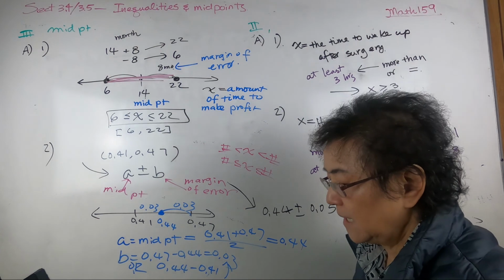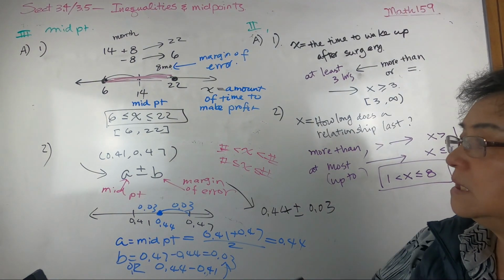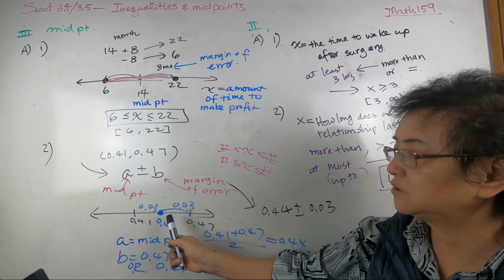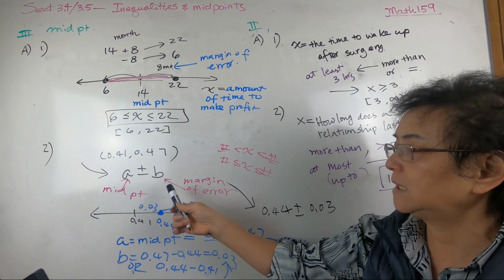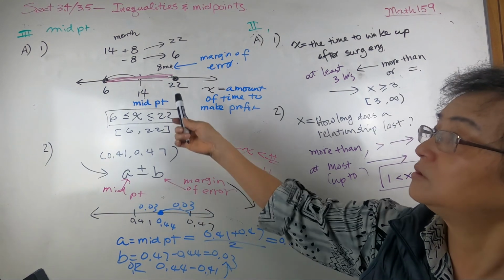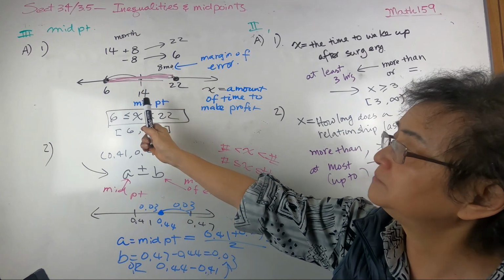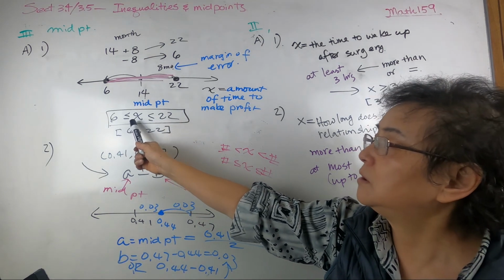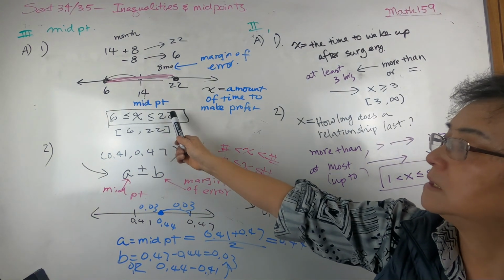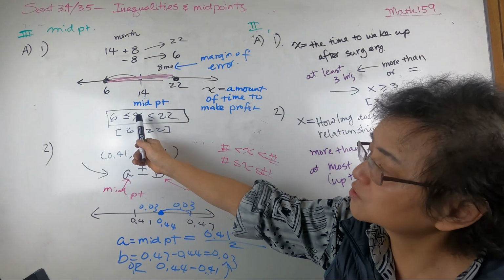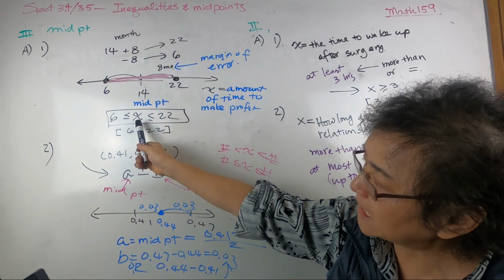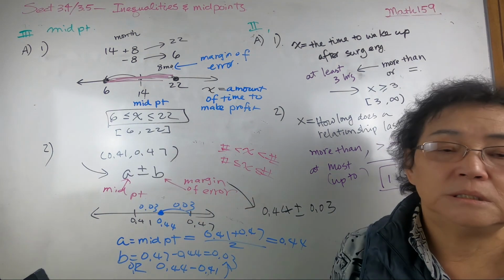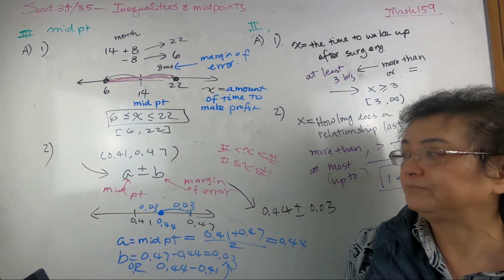If you write it in a plus minus b style instead of interval, you should be able to translate the interval notation to midpoint and margin of error. If you are given the margin of error and midpoint, you should find the range of the thing you are dealing with in a trilinear inequality style, or an interval notation style.